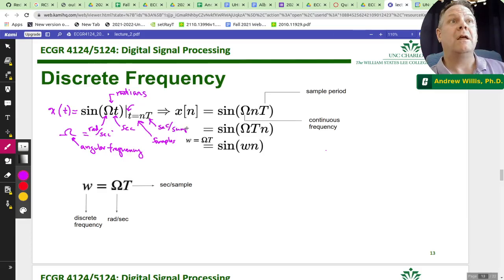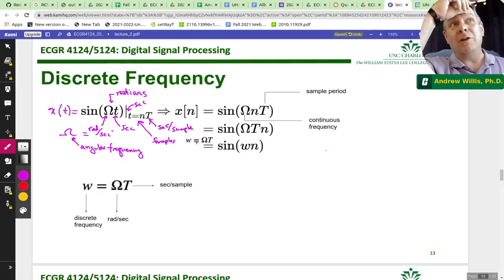Because if we multiply samples times seconds per sample, then we get the right units for t, which is seconds. So all of the units here need to be consistent.